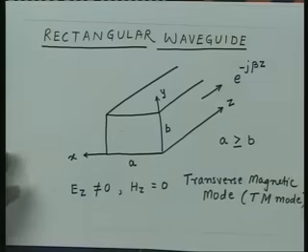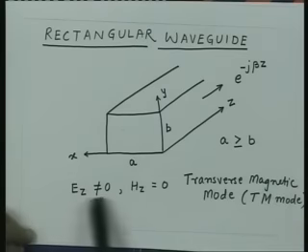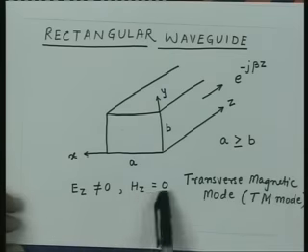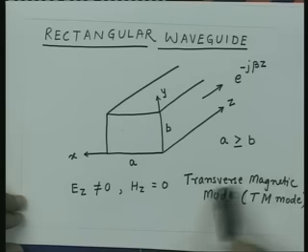and specifically we investigated what is called the transverse magnetic mode, for which Ez is not equal to 0 and Hz is equal to 0, and then we drew certain important conclusions about this mode. That was that without having the field variation in the transverse direction, you cannot have the transverse magnetic mode.